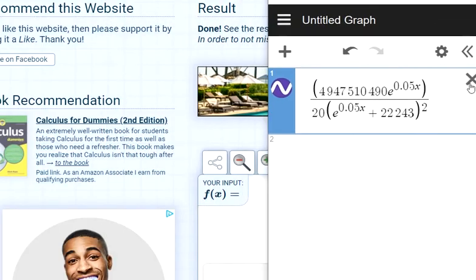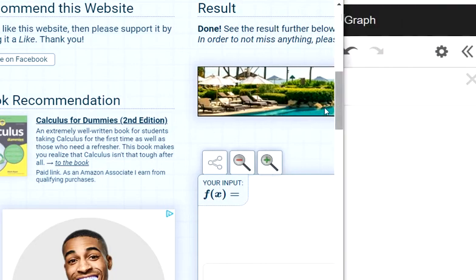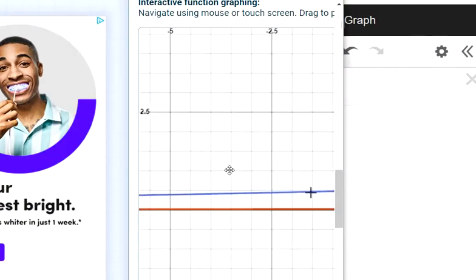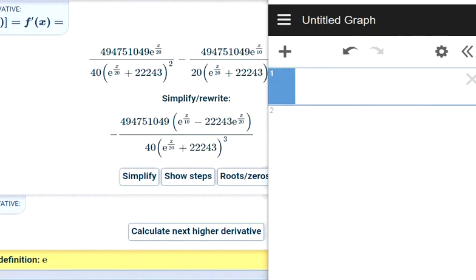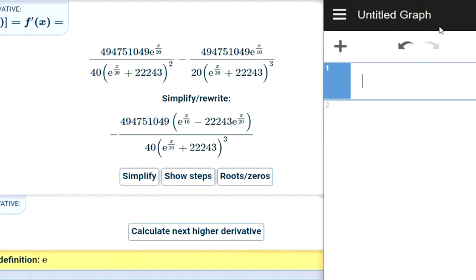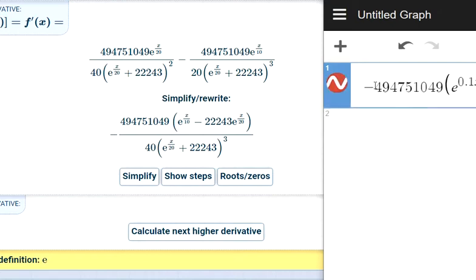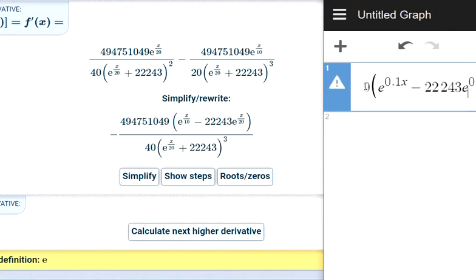Here, we're going to want to type that in Desmos, the derivative we see. So let's just have both these windows going. Okay, this is what they gave us for a derivative. So when we find critical points, if we're looking for maxima or minima, we're taking a derivative and setting it equal to 0. So this is our derivative. There's e to the 0.1x. x is t, right? We're just using x because it's more convenient typing it in.